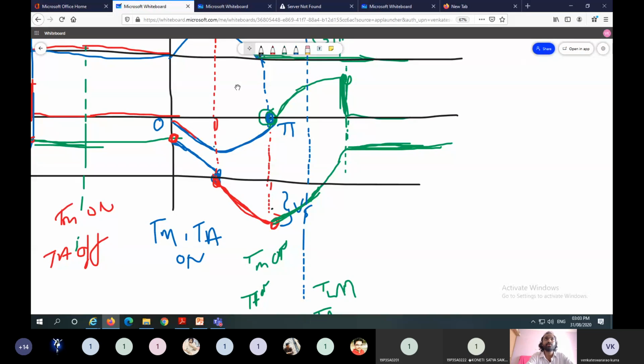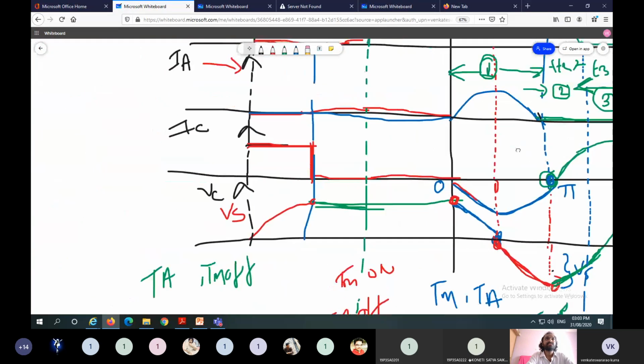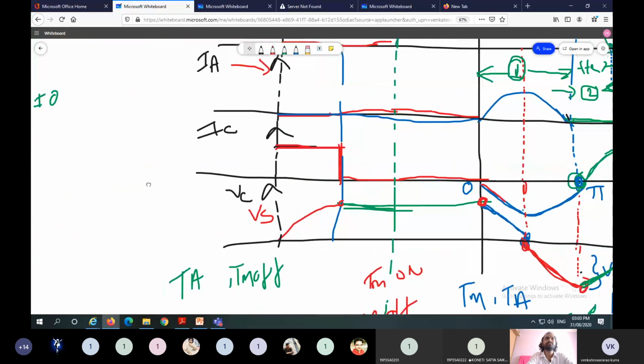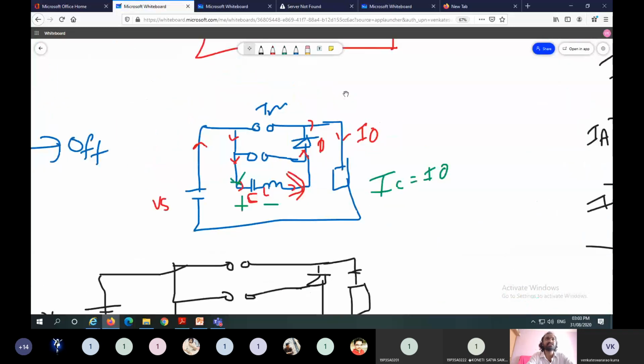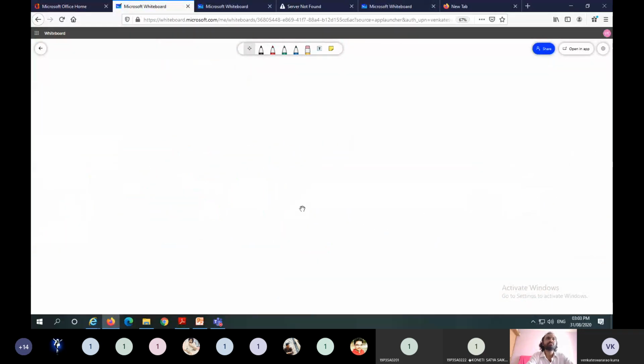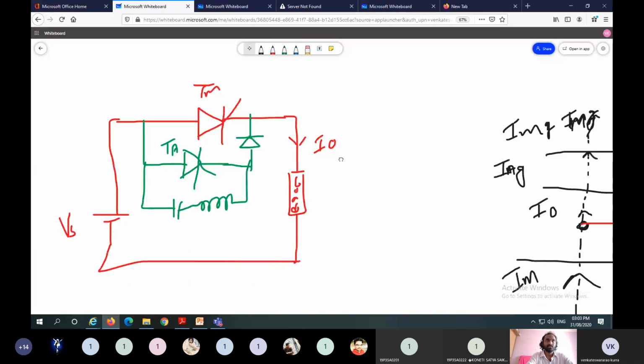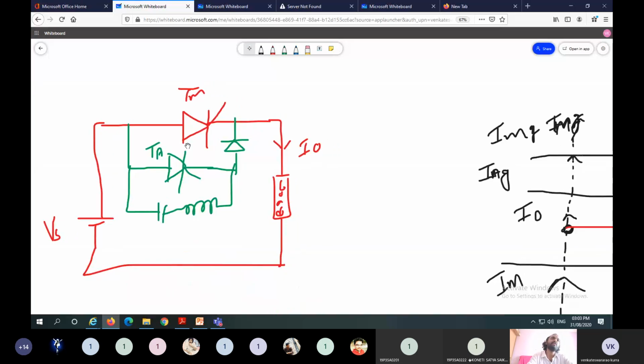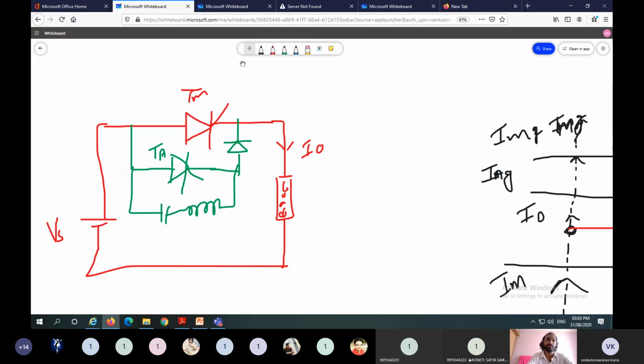Here we need to calculate the circuit turn off time of the auxiliary thyristor. The main thyristor is always in forward blocking mode. It will not be in reverse blocking mode, but the auxiliary thyristor is in reverse blocking mode for some time. This one is in reverse blocking mode.